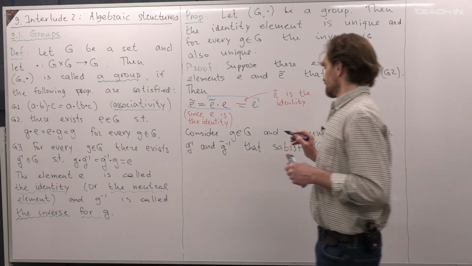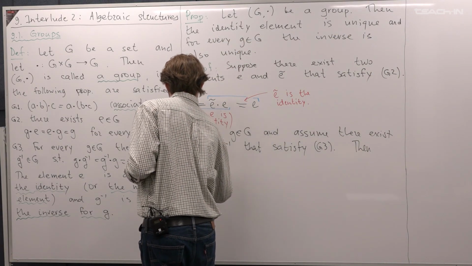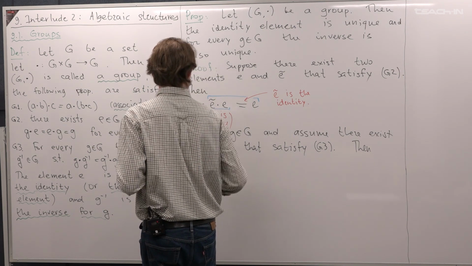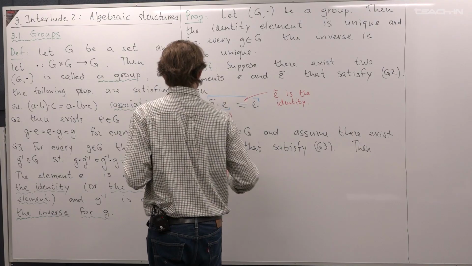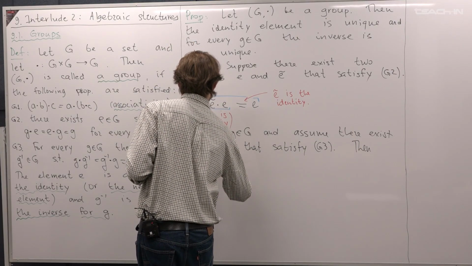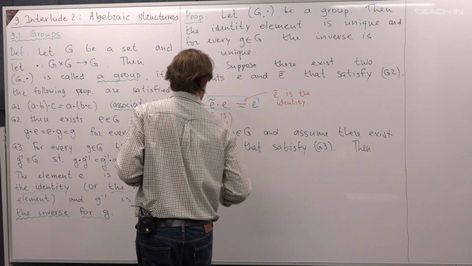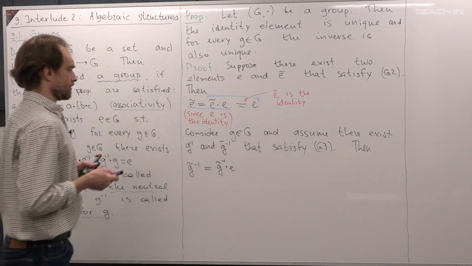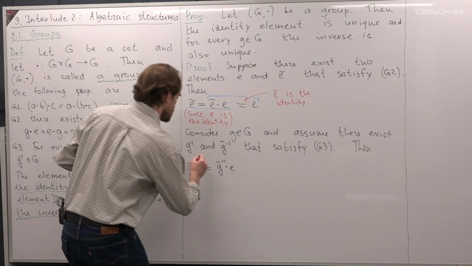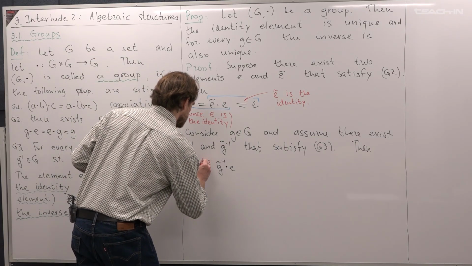Then G tilde inverse can be represented as G tilde inverse multiplied by E. So this follows from the fact that E is the identity. So it follows from the property G2.